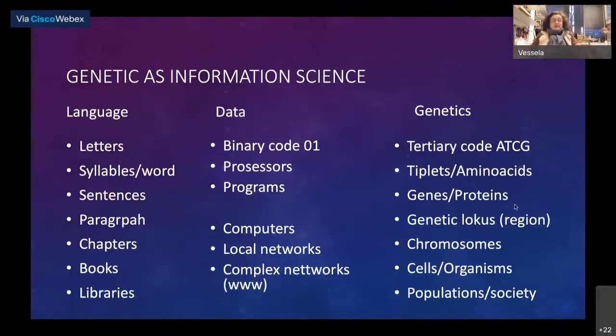Sentences telling a story could be combined into a paragraph, a mini story inside the big story, which is somewhat comparable to a genetic locus on the human chromosome, where several genes could be transcribed together or controlled by a common control locus. We have chapters, which I already said are comparable to the chromosomes. Then we have different books that have their own stories, which can be different cells and organisms. Those can all be combined into libraries, which could be compared to large complex networks, and all into populations and society.